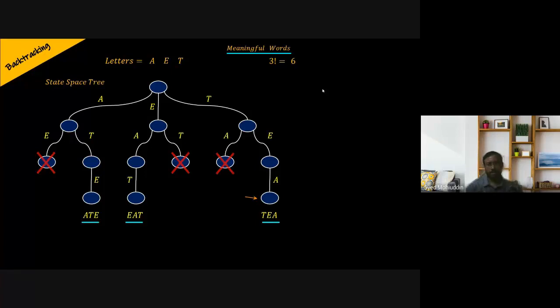And when we have the constraint, we can apply that constraint so that we don't generate the nodes which do not lead us to a solution. The solution in this case is that the word should be meaningful. A meaningful word is a constraint.